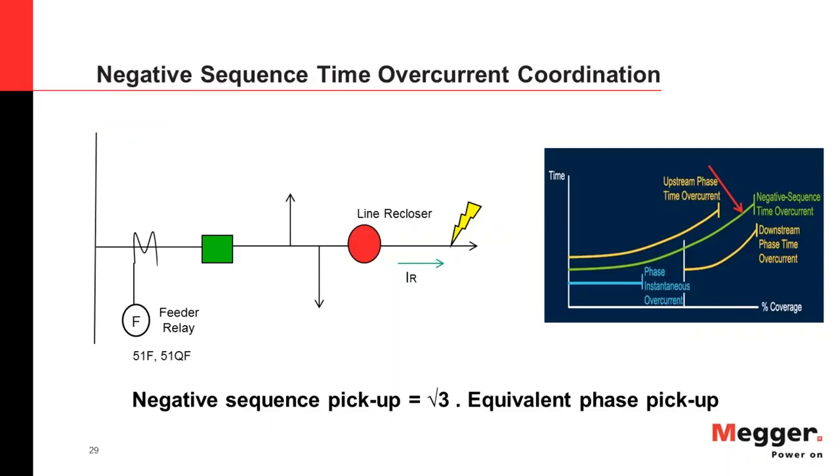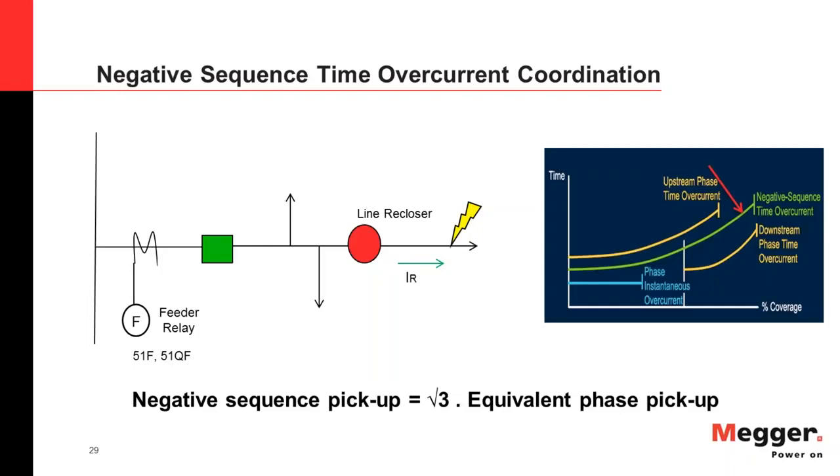So in that, I can say that I have just the B phase current, and I'm calling it an equivalent phase. Usually Schweitzer relays employ a concept of keeping a margin of 10% to the downstream relay, and then they compute the value of the equivalent phase pickup, keeping the time dial constant and the curve shape constant.